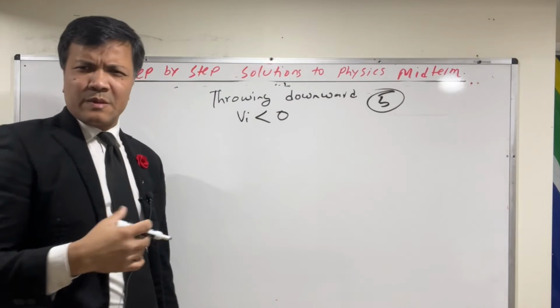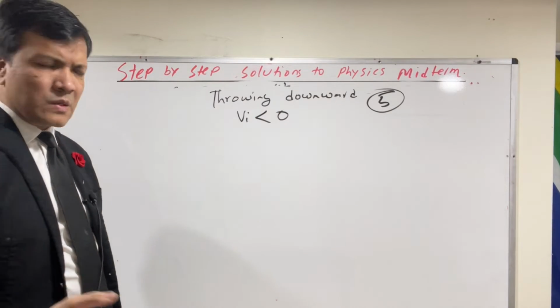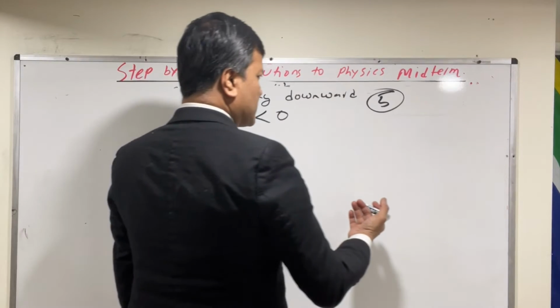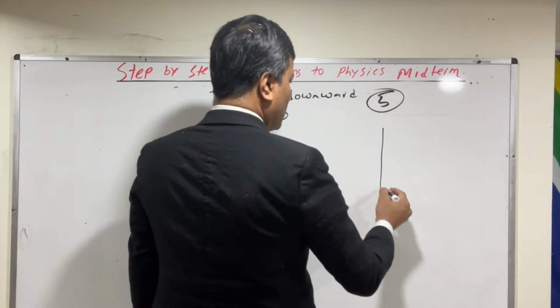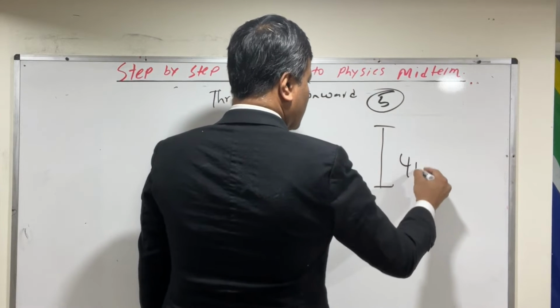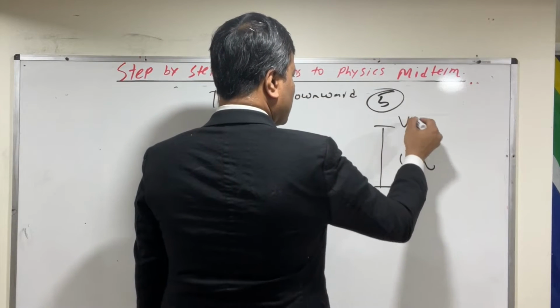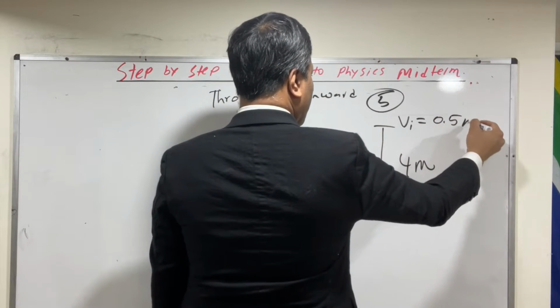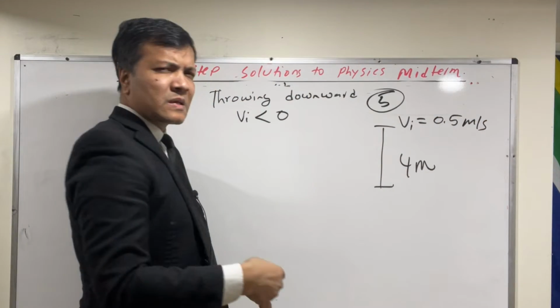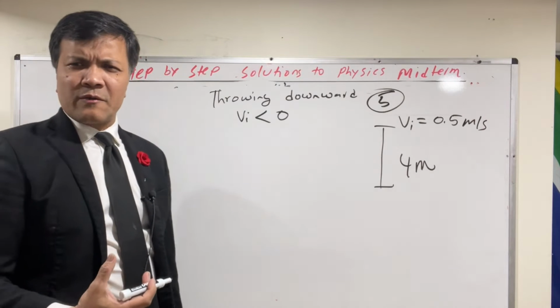The velocity must be less than 0. In this case, you throw it down from the top of a 4-meter building with initial velocity 0.5 meters per second.